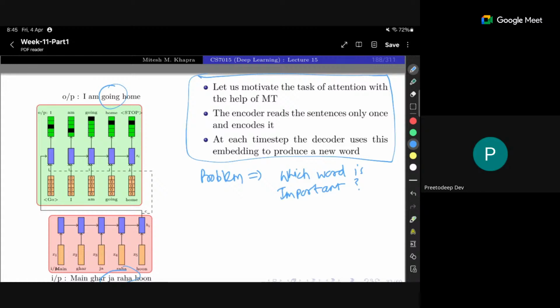What kind of difficulty would you have felt while doing the translation?